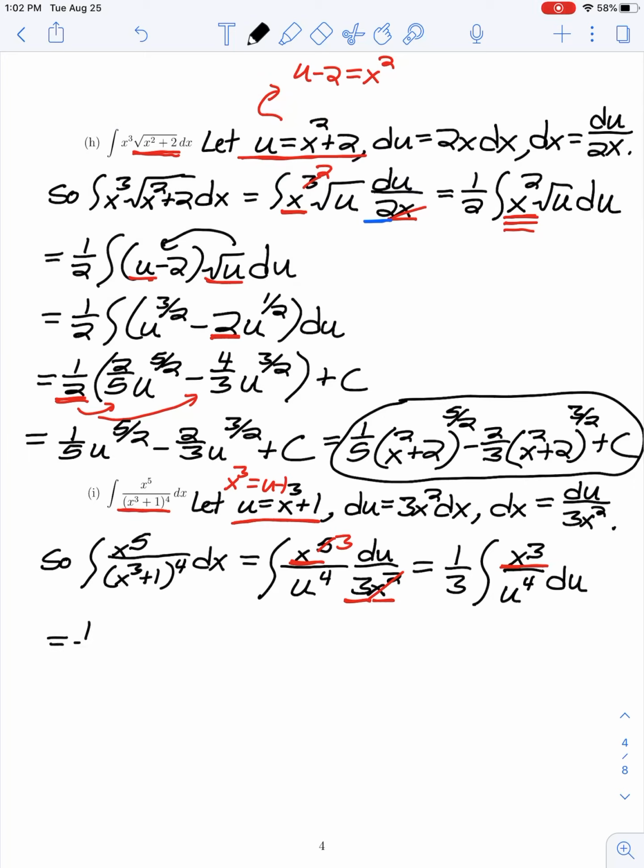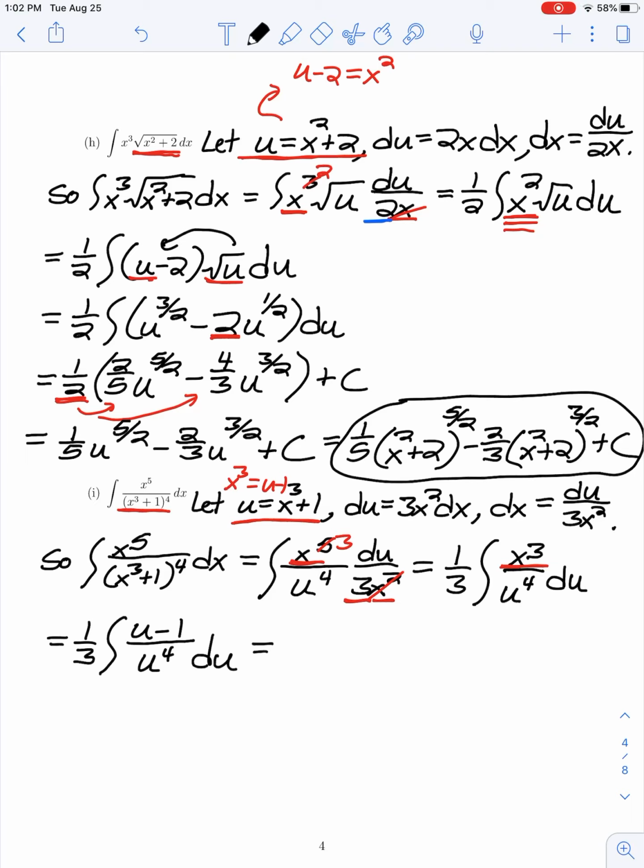So our numerator for this new integral, which was x cubed, we can rewrite as u minus 1. It's all being divided by u to the 4th, and then we have our differential du on the end.